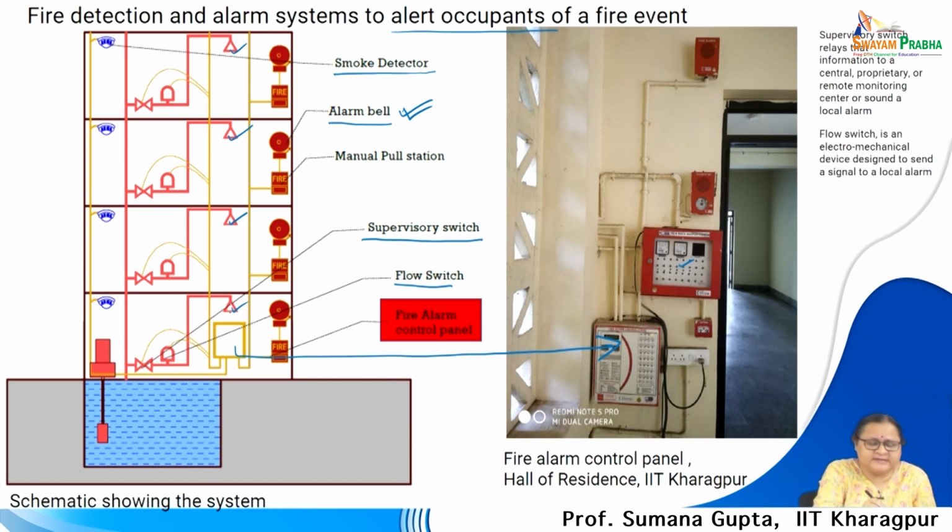This sprinkler head further gets the information from the control panel, and because of the heat at that particular point, the sprinkler nozzles open up. I will discuss that when we get into the sprinkler system. The nozzles open up and the water comes out to control the fire.